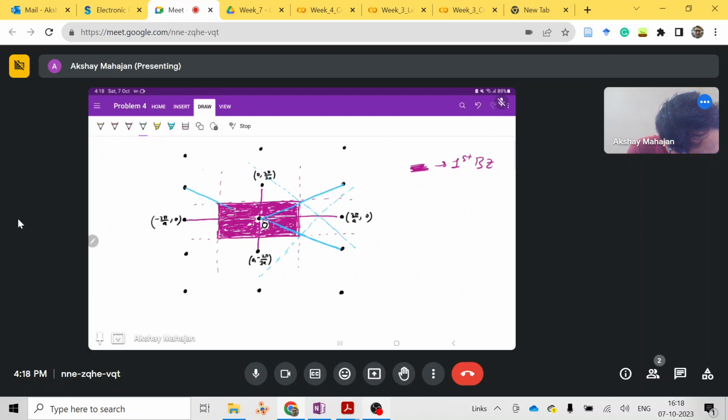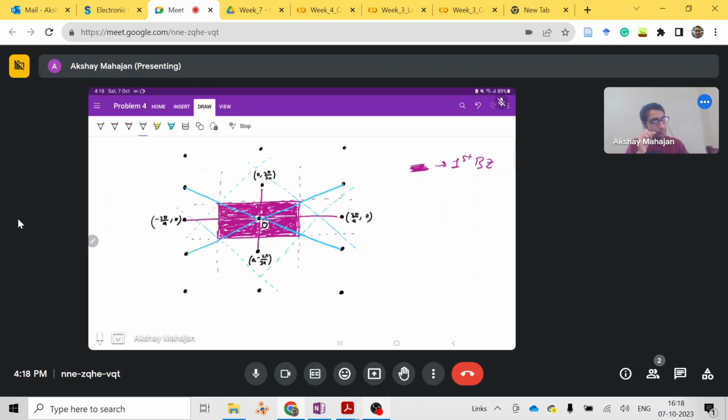Let me just connect it here. The perpendicular bisector to this one, the blue, will be the next black planes, you can see. And then we can connect this to this point as well, and this will be your perpendicular bisector.